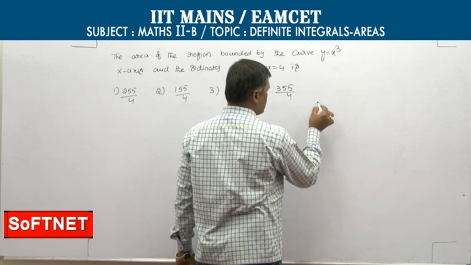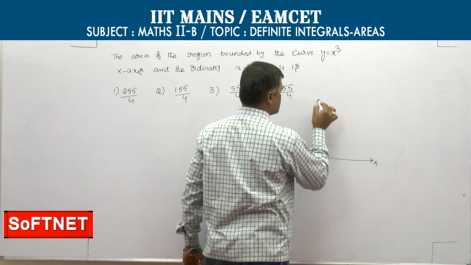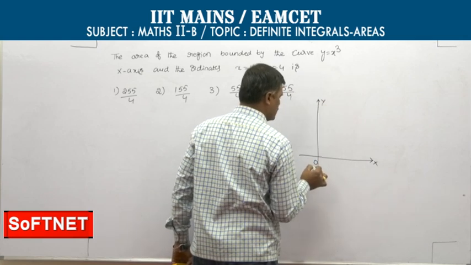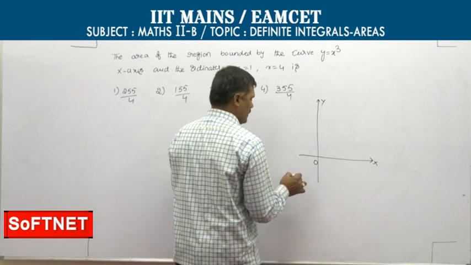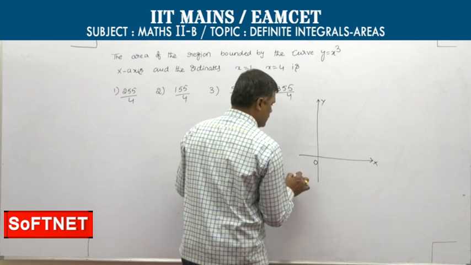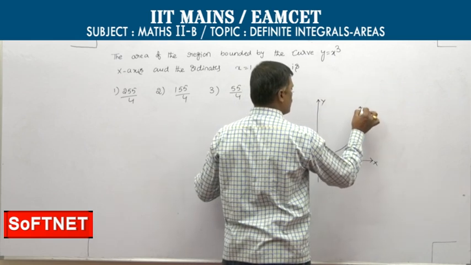First draw the graph of the given function y is equal to x cube, with x-axis and y-axis, and this is the origin. This is the graph of the curve y is equal to x cube.